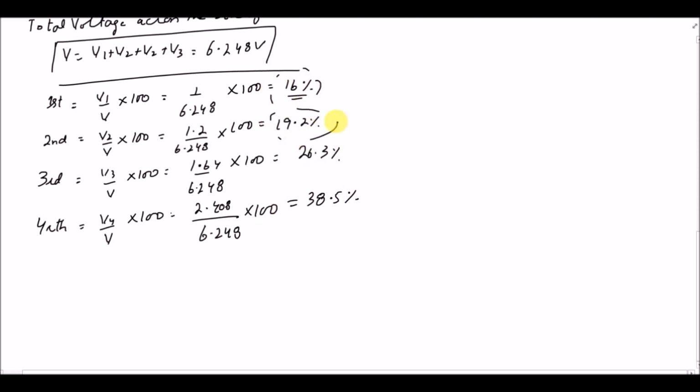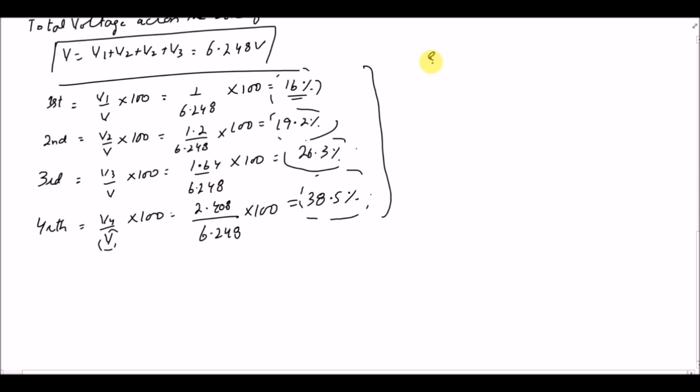So as we are moving towards the conductor, the voltage in terms of the total voltage across the string is increasing. So the voltage stress is increasing as we are moving away from the grounded tower and towards the conductor. This was the first portion of the question.